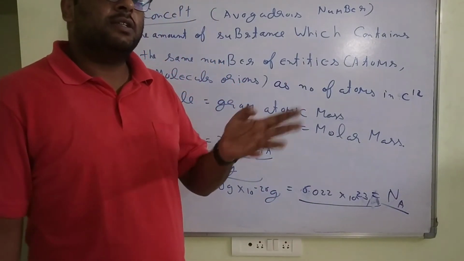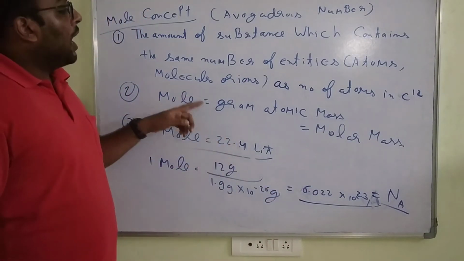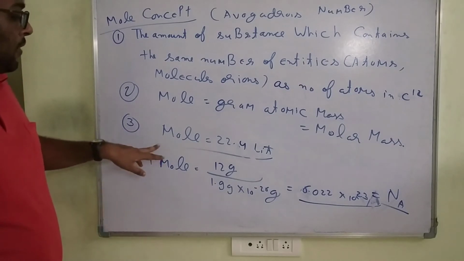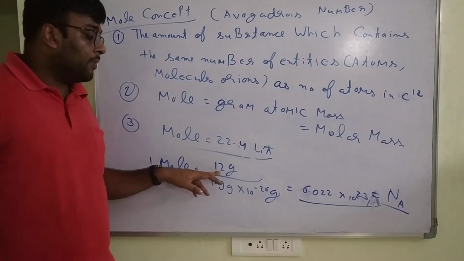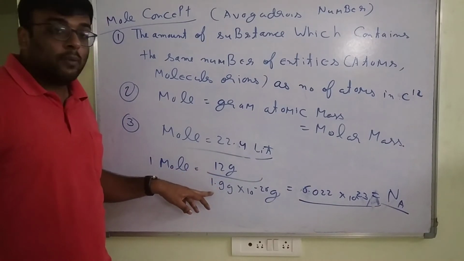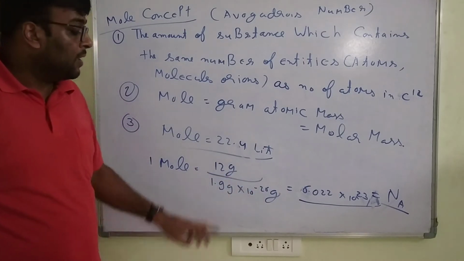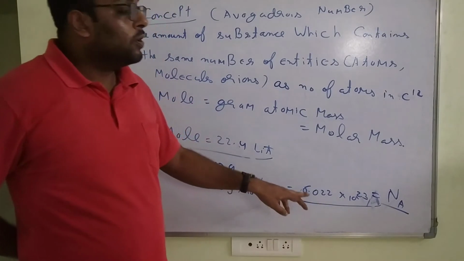In calculation we consider 6.023 × 10^23 molecules. Look at carbon-12: its atomic mass is 12 gram, and the mass of one carbon-12 atom is 1.99 × 10^-26 gram. If we divide these, we get the value of the mole. It may be molecules, atoms or ions.